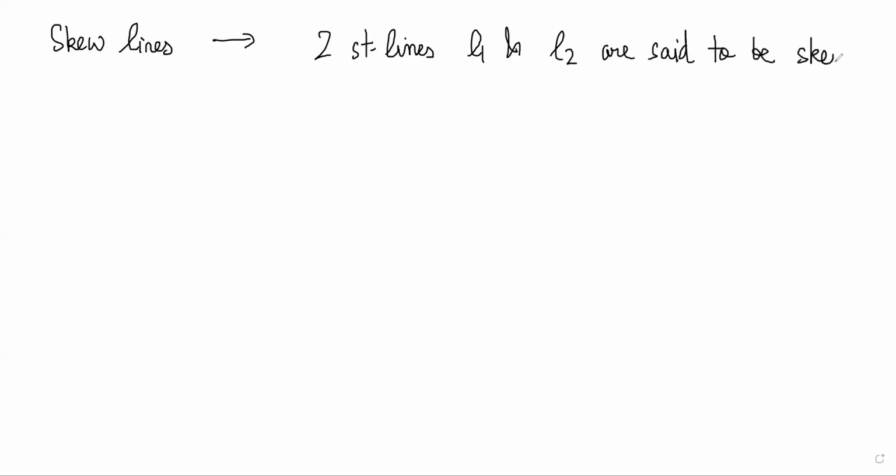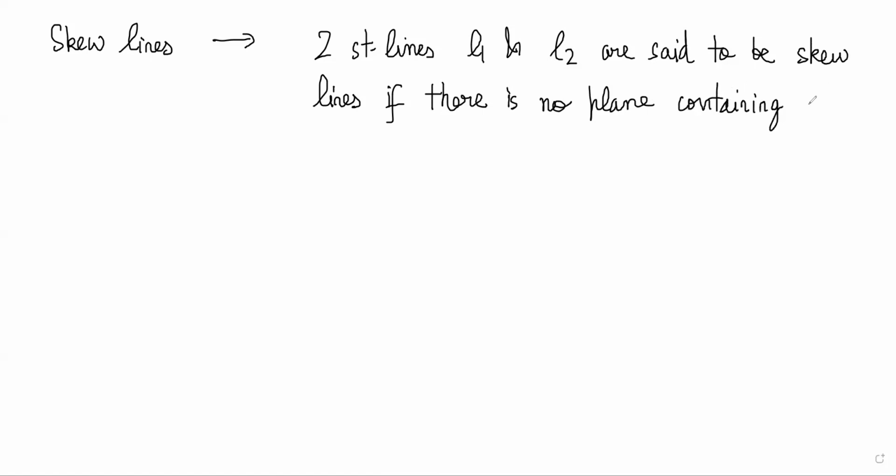The definition is: two straight lines L1 and L2 are said to be skew lines if there exists no plane containing both these lines. So these two lines cannot be put in the same plane. They are such lines which are not coplanar to each other, right?